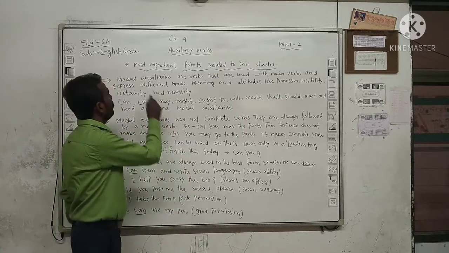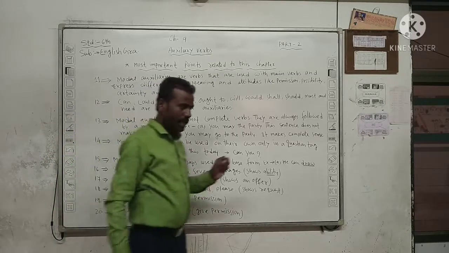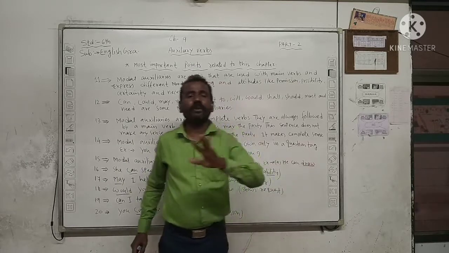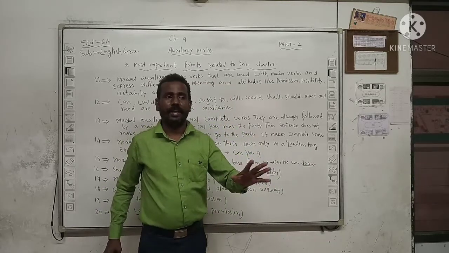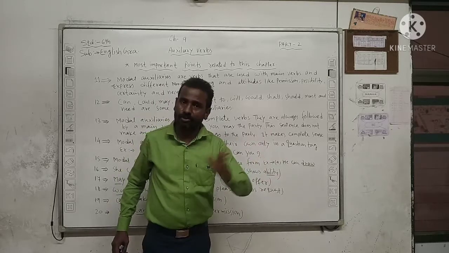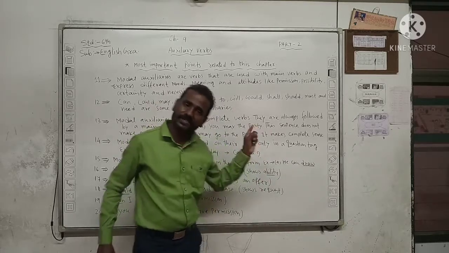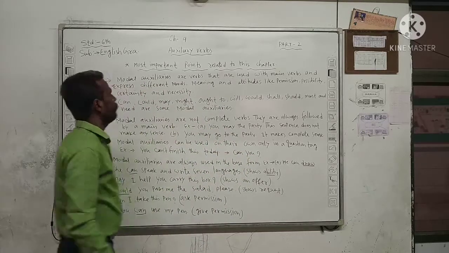But one thing is there in modal auxiliary verbs: without a main verb it is not possible to use them. If used without a main verb, that will be an incomplete sense. That example also I am showing here. Follow.